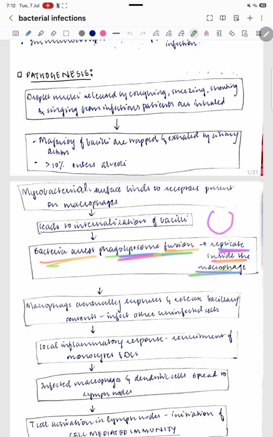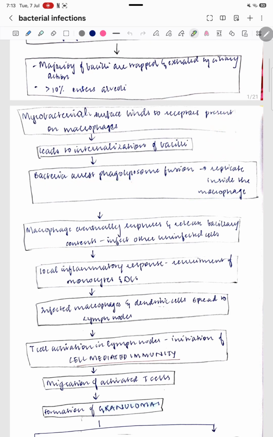So basically these bacteria attach at the receptor of the macrophage, stop phagolysosome fusion, and then replicate in the macrophage. After this the macrophage eventually ruptures, and all the bacilli come out of the macrophage.